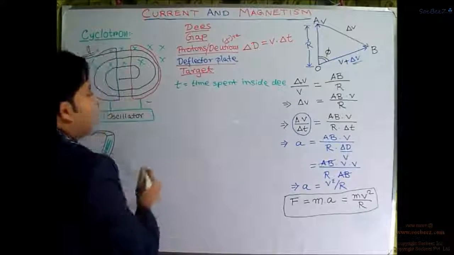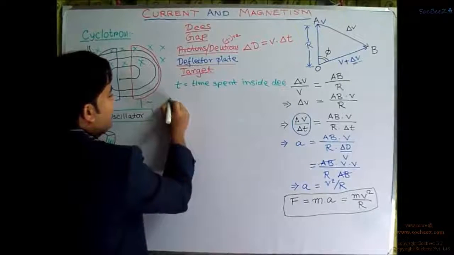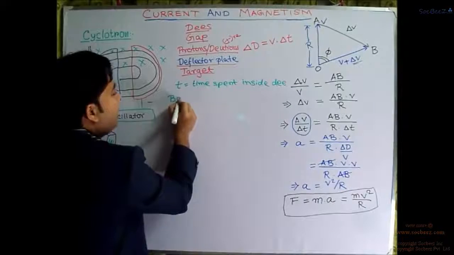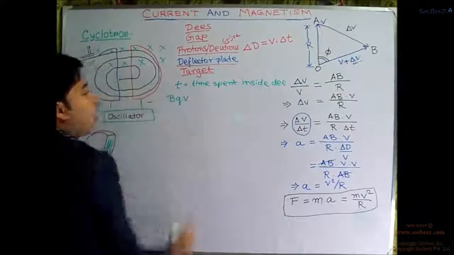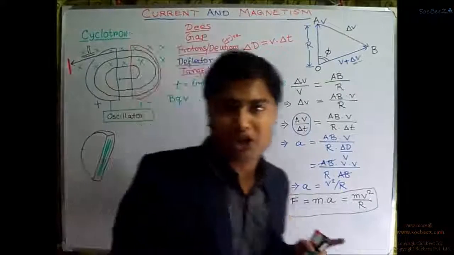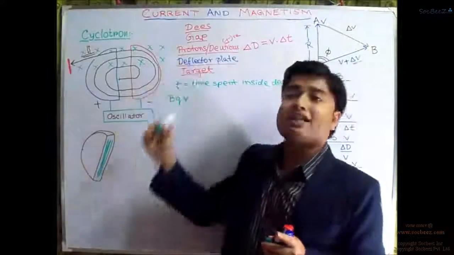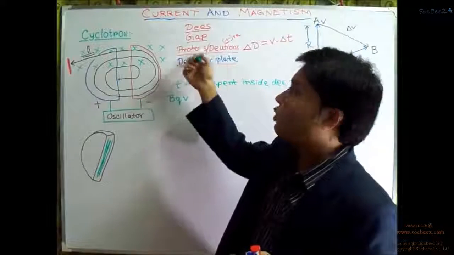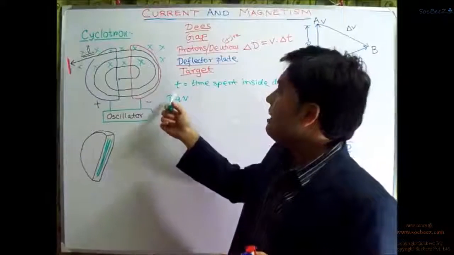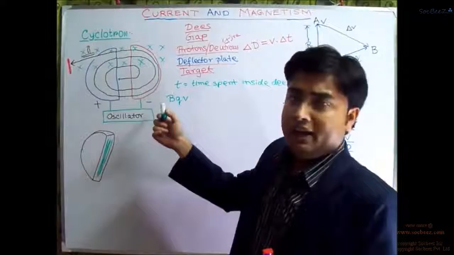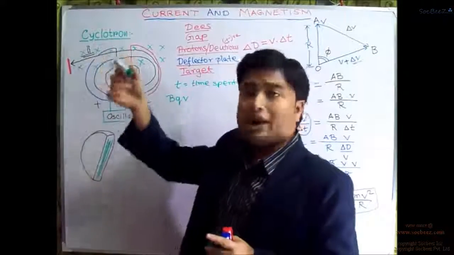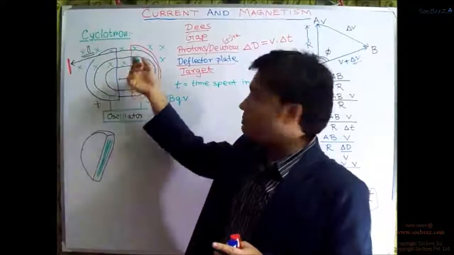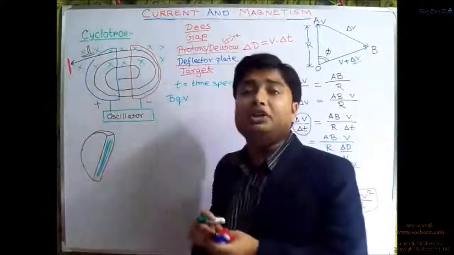Now, as per the Lorentz magnetic force, it says that BQV, where V is the velocity with which this proton or deuteron is moving and Q is the charge of this proton or deuteron, multiplied by B, this is the B going inside this paper, or going away from the radio.